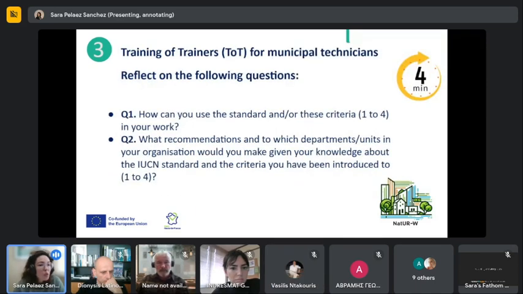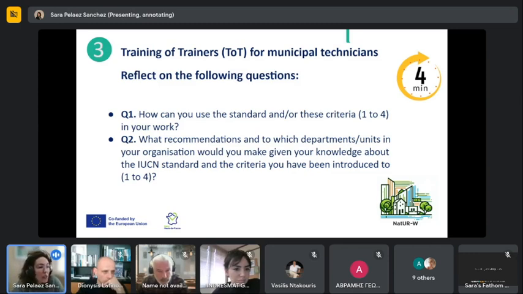So I will also give you 4 minutes. This is particularly intended for the municipalities, so people working in city councils, and maybe Pete, Roberta, people from Lorca, Enrique, Pedro. You can take the lead here. You just need to reflect on those 2 questions.